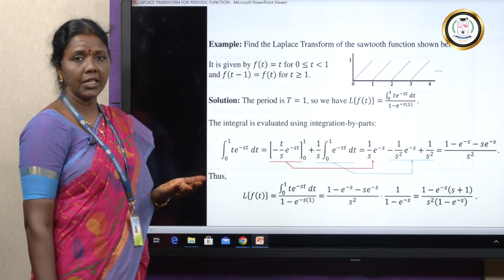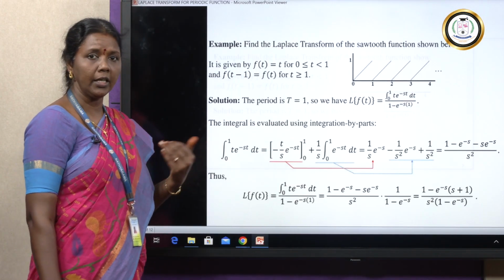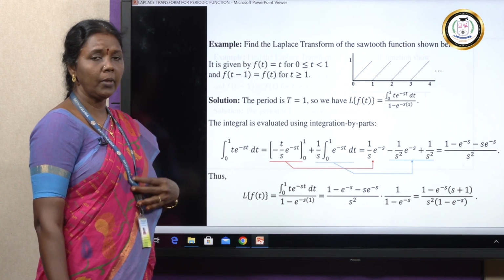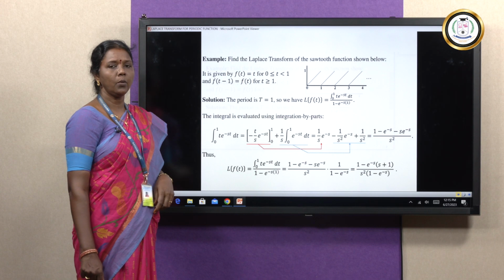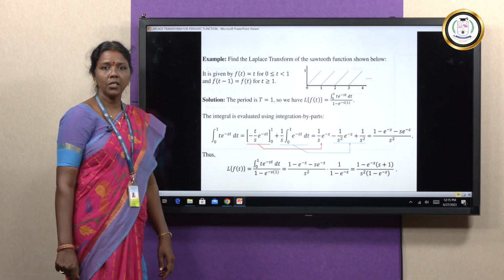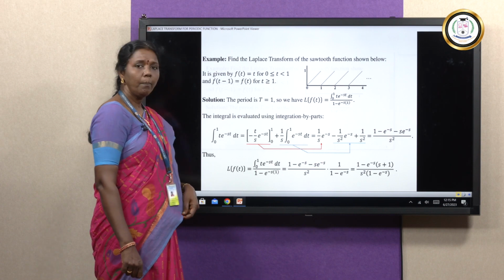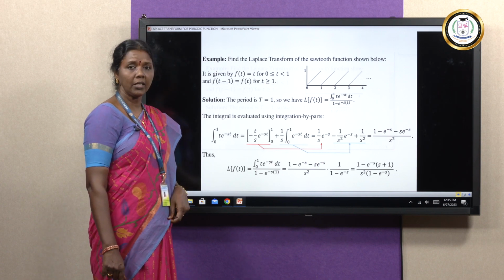The extension of integration by parts is Bernoulli's formula, which is the easiest one to use. What is Bernoulli's formula? Integral u dv is equal to uv minus u' v1 plus u'' v2 minus u''' v3 and so on.